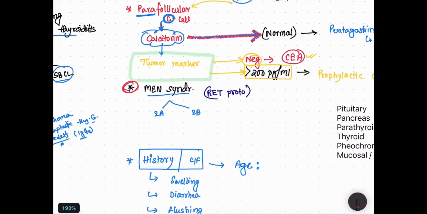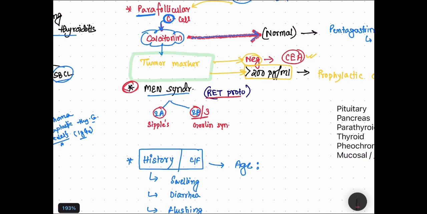The MEN syndrome, as we know, is having MEN 1, MEN 2, MEN 3, MEN 4. Okay, we'll be discussing MEN in a separate video. It may be associated with MEN 2A, MEN 2B. MEN 2B is also known as MEN 3. Okay, MEN 2B or 3, that is what is known as Gorlin syndrome. MEN 2A, which is also known as Sipple's syndrome. MEN 1 is known as Wermer syndrome.